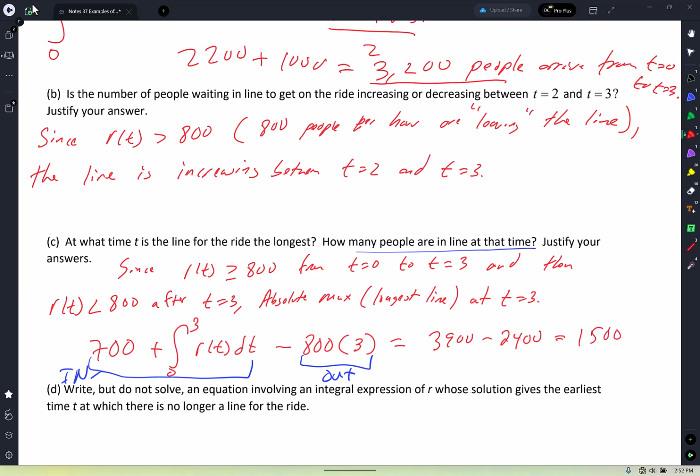That is how many people are waiting in line: 1,500 people in line at t equals 3 hours. Well, hopefully this is realistic. Hopefully it's a ride. 800 people per hour.